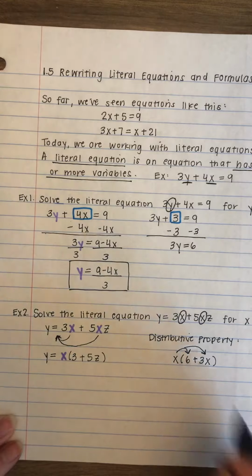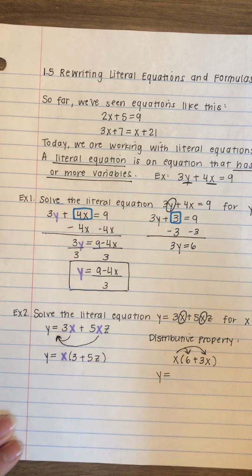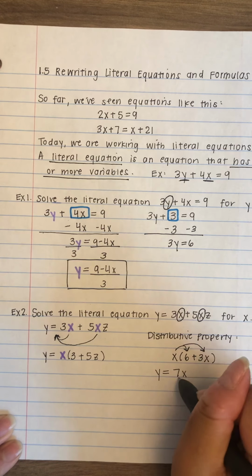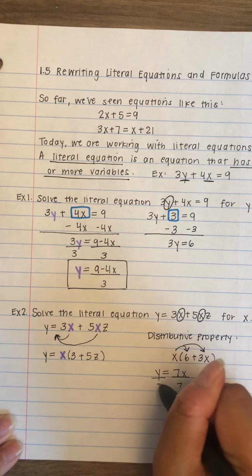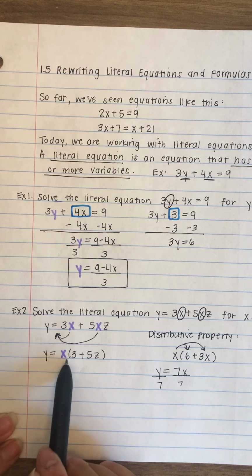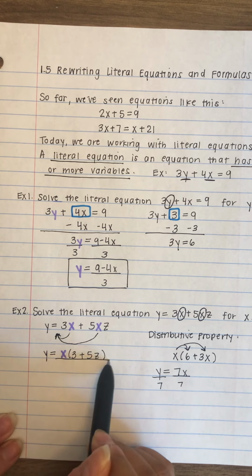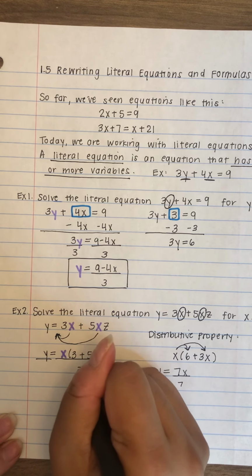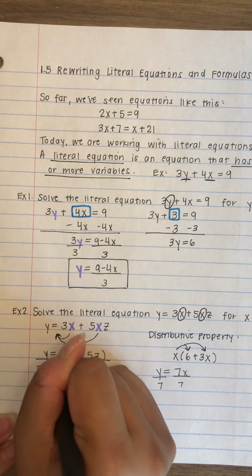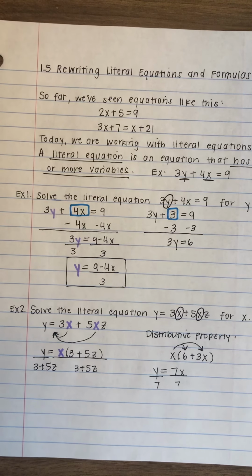So just like if we had y equals 7x, which is multiplication, to undo that we would divide by 7, correct? In this case, our 7 is just going to be our 3 plus 5z. So we're going to divide both sides by 3 plus 5z.